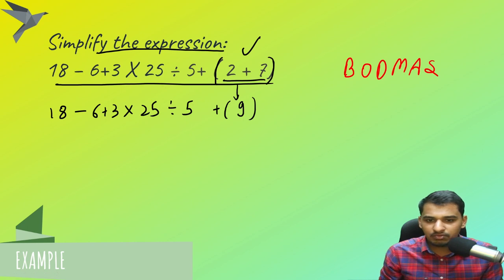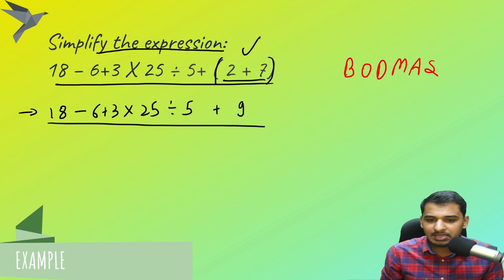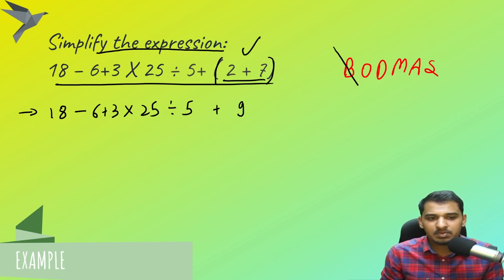The answer is no. So now we can remove this bracket. We have performed all the operations inside the bracket and now we can remove this bracket once we are done with all the operations. All right. Now, are there any more brackets in this equation now? The answer is no. So you can cut B here because all the brackets have now been solved.